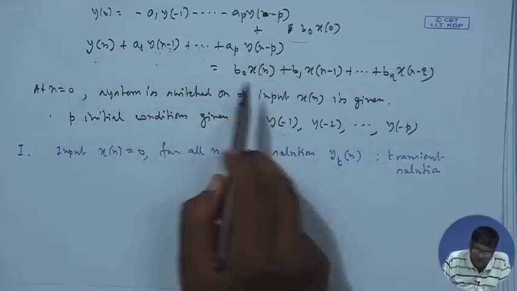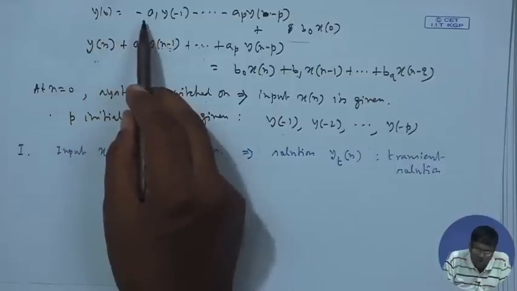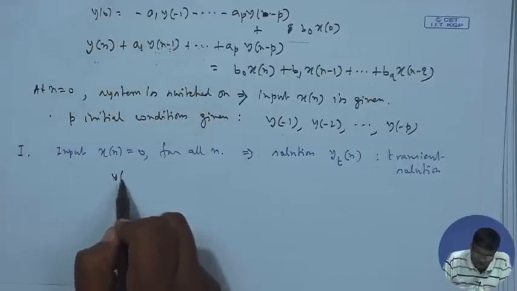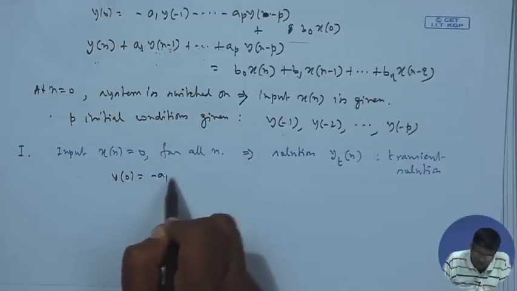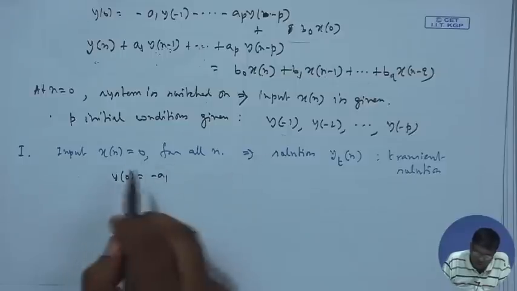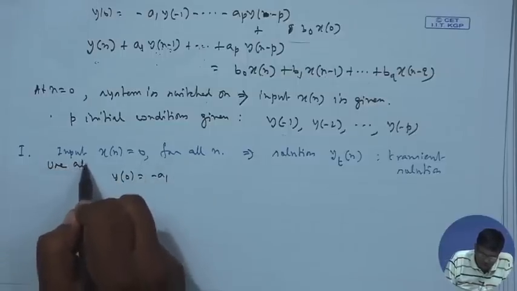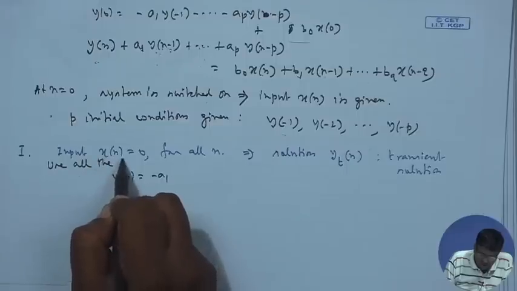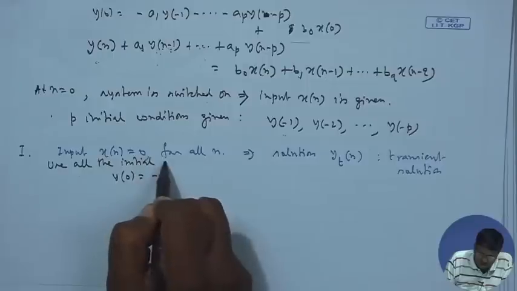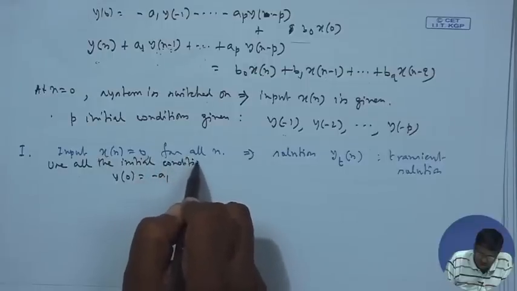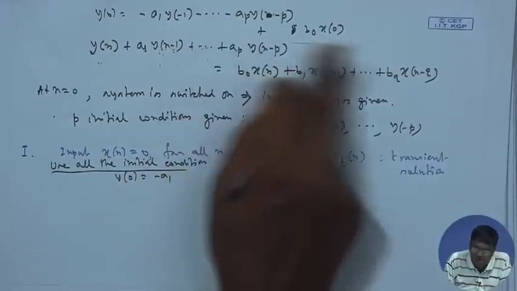Okay. Y 0 will be minus a 1, that is, we are using all the initial conditions. This is very important, use all the initial conditions. Input is 0, right hand side is 0.